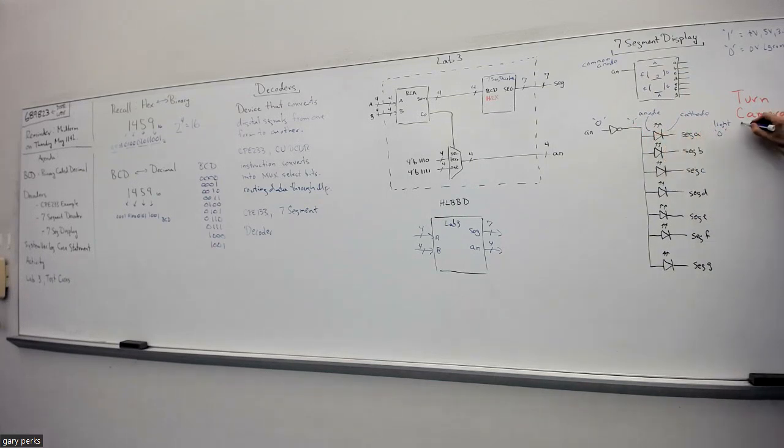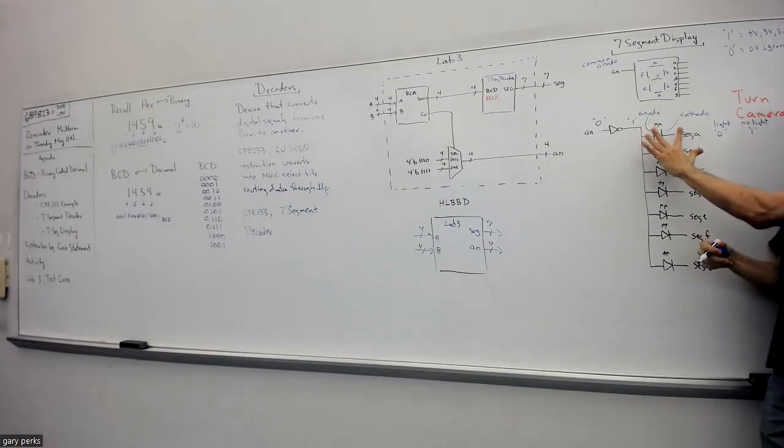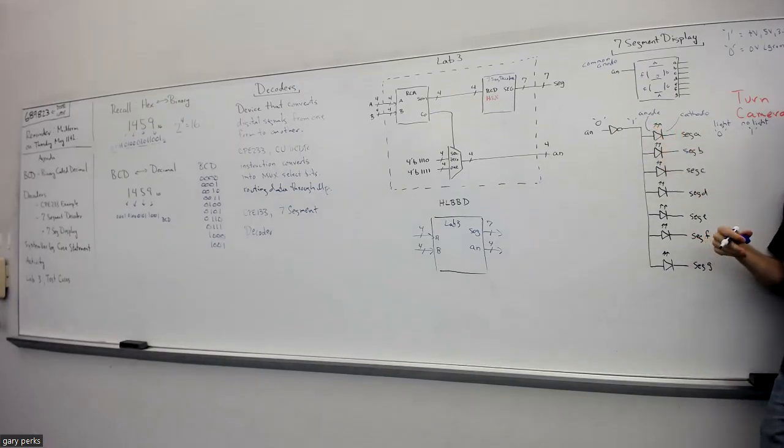But if I put a 1 on the cathode of one of the segments, it won't light, because if I have a 1 on both sides, that's not a voltage difference. The voltage is the same on both sides. As you'll learn in circuits, in order for current to flow, you need a voltage difference. If you have the same voltage on both sides of some element or device, no current is going to flow. And if no current flows, it's not going to light.